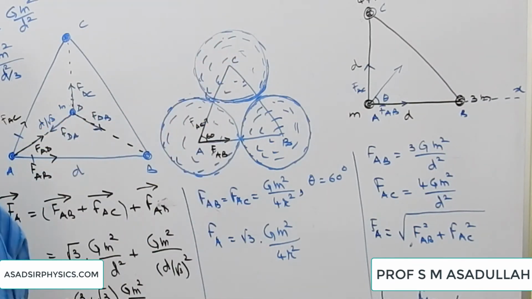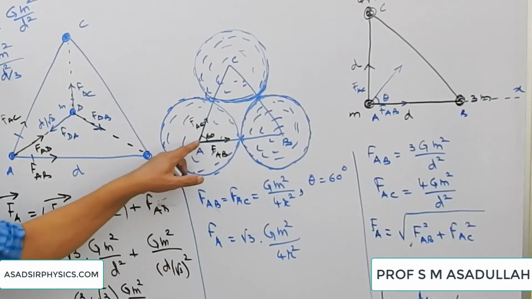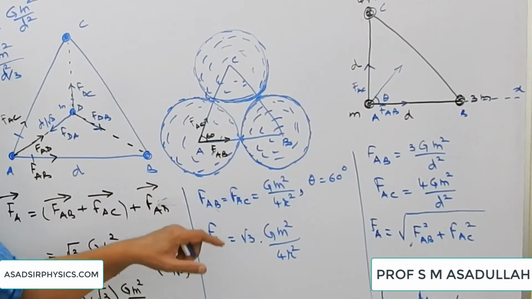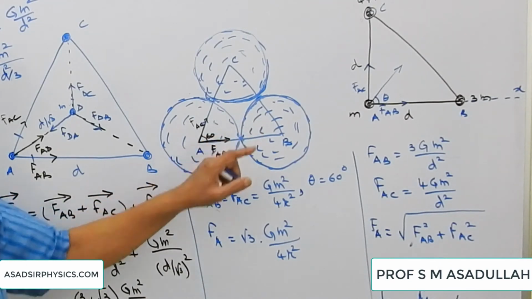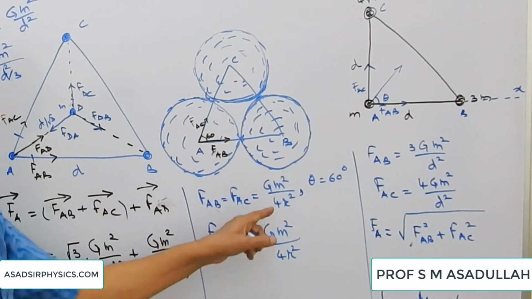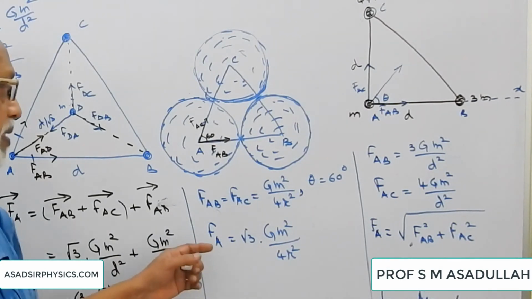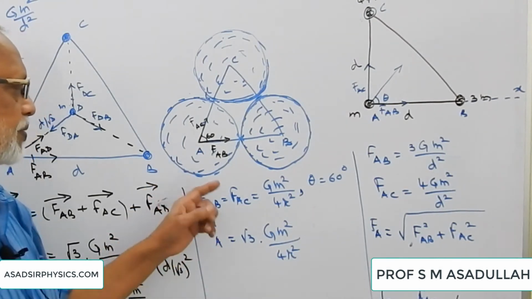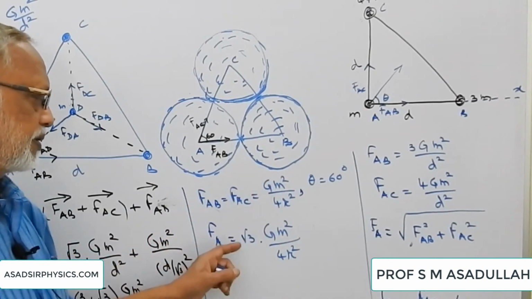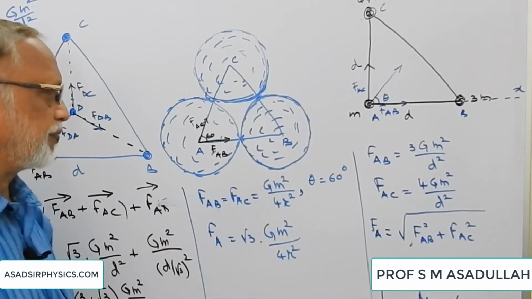If the length of this side is not given, then the distance will be 2r. We know that FAB is equal to FAC is equal to G m square by 2r whole square, that means 4r square. Theta is 60 degrees. So the resultant force on A is root 3 times one of these, root 3 G m square by 4r square.